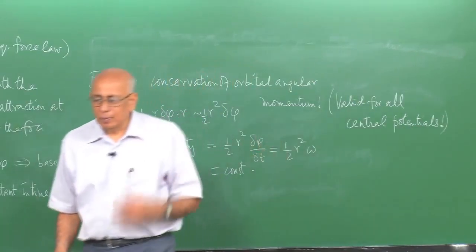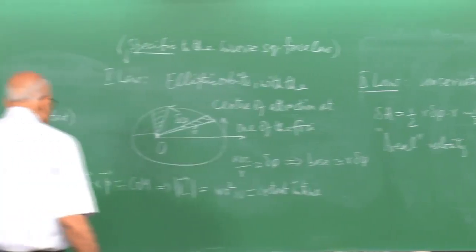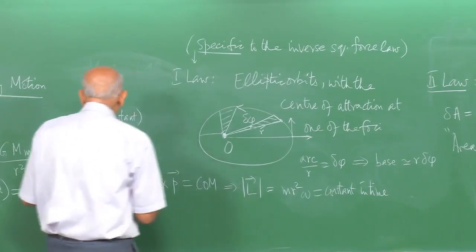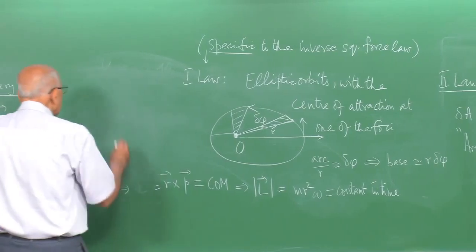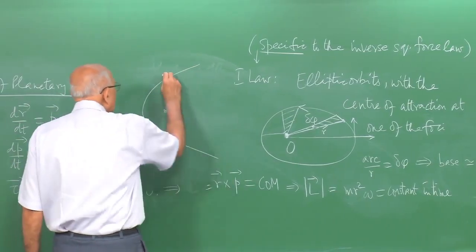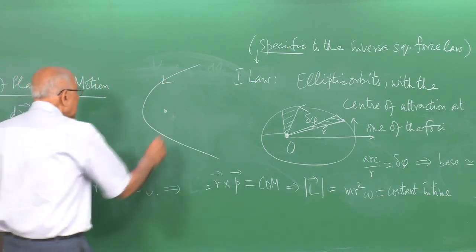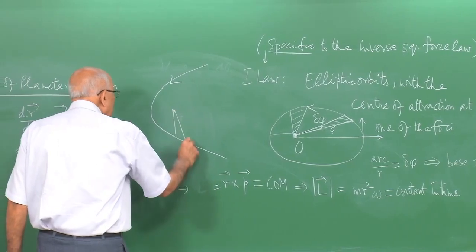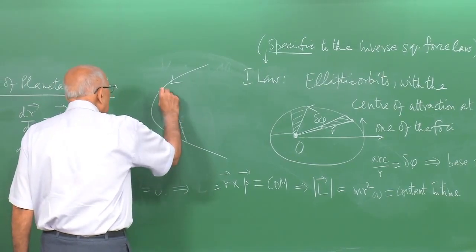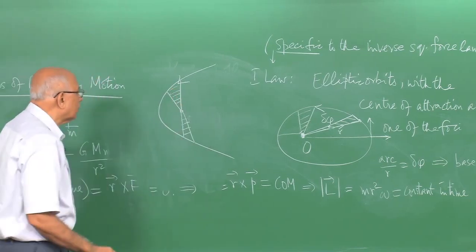In the Kepler problem itself, it's in fact valid even if the orbit is open. So it is certainly true that if you have a comet in a hyperbolic orbit, so here is the center of attraction and here is the orbit of this comet, even if it's not an elliptic orbit, in equal instants of time, this area would be equal to the area traced out in the same interval of time.